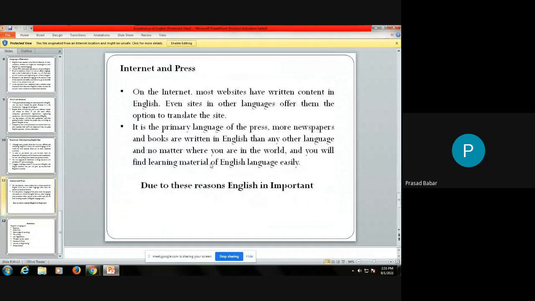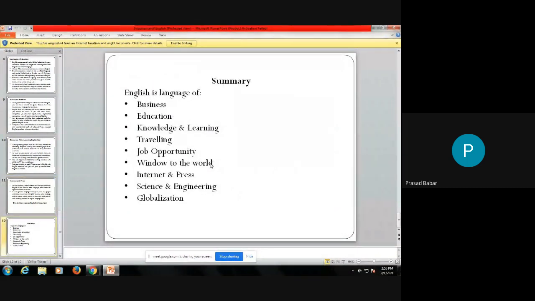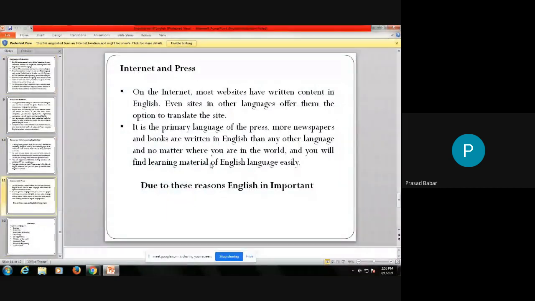Only two subunits are there, so let's see internet and press. English is also the language of internet and press. Press means news channels are operating in the English language.